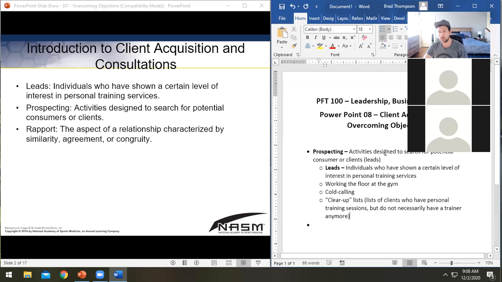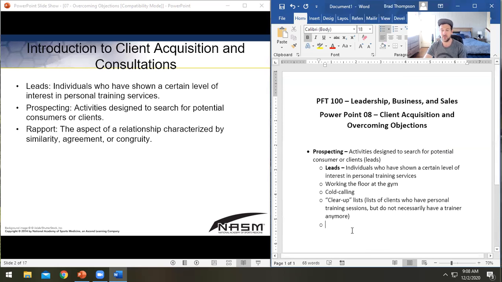So prospecting is all about generating leads. And then obviously one of the most important things that you want to do, which we're always constantly talking about, is developing rapport with your clients, right? So rapport is the aspect of a relationship characterized by similarity, agreement, or congruity.